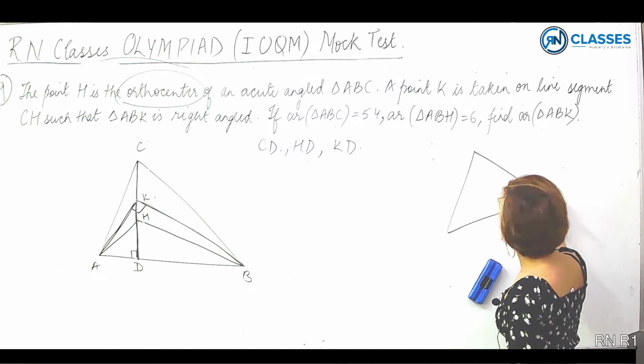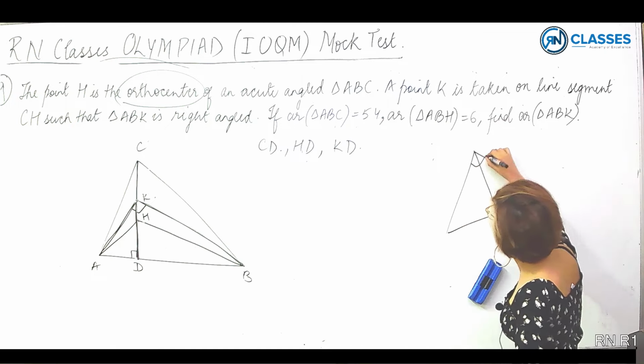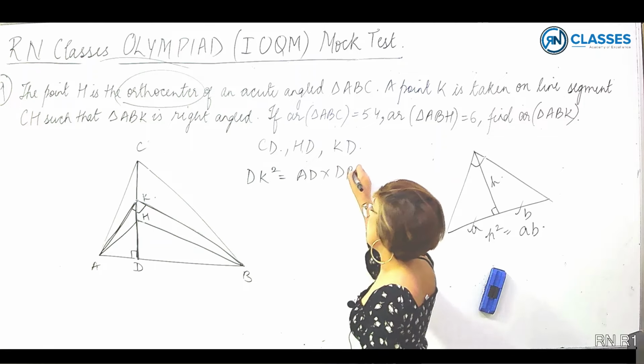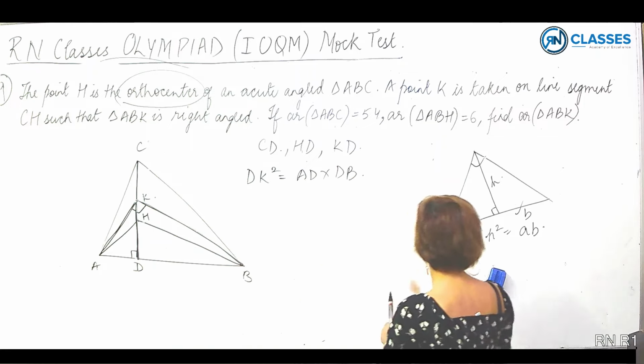In a right angle triangle, if I drop a perpendicular, this square is equal to the product of these two segments, this into this. H square is equal to A into B. I've used it multiple times. You can easily prove it using similarity of triangles. So that means I know that DK square is equal to nothing but AD into DB. AD into DB. Product of these segments.